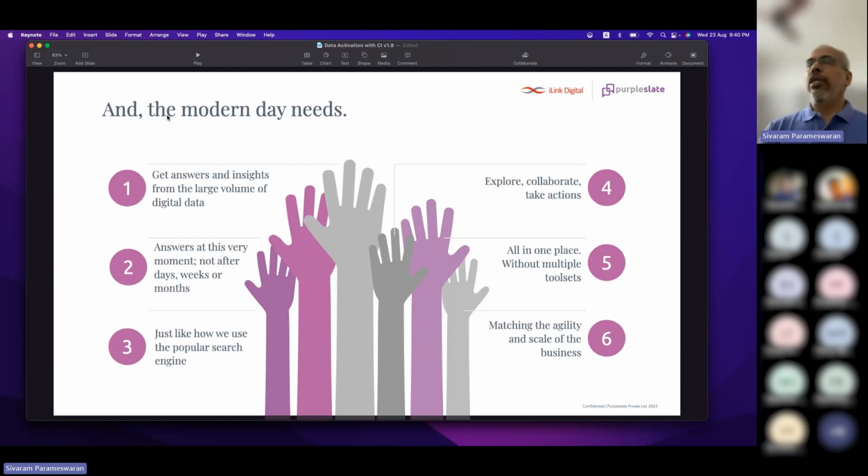And if you really look at the modern day data needs, if not today, even in the coming days, we're already talking about the influence of Chat GPT or generative AI, right? I think it's able to generate answers for any of those prompts.